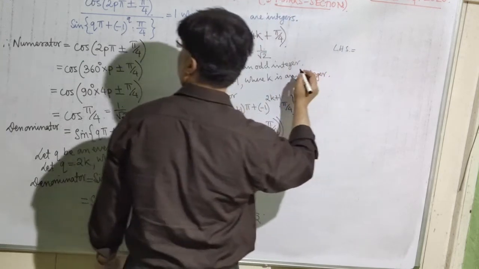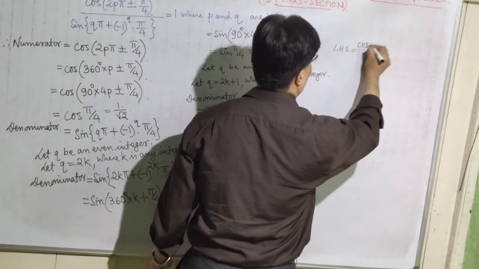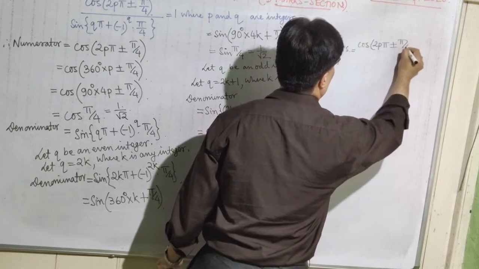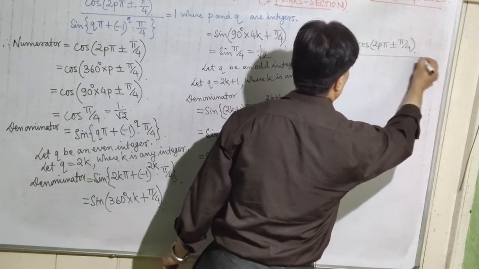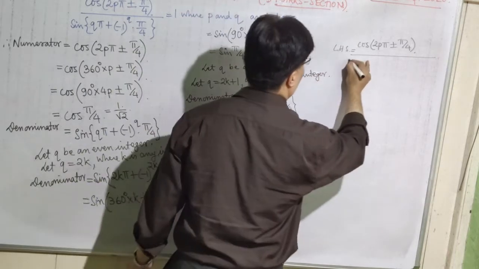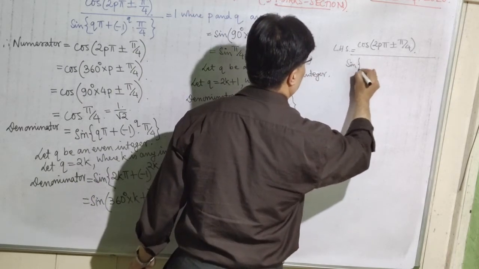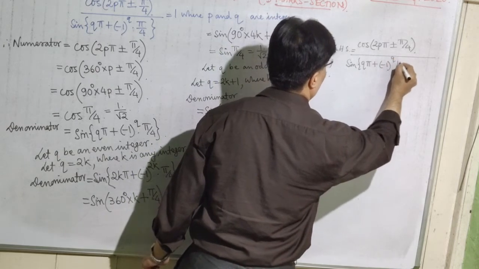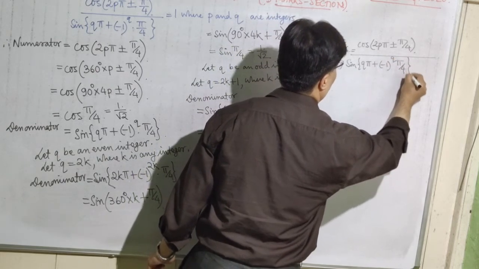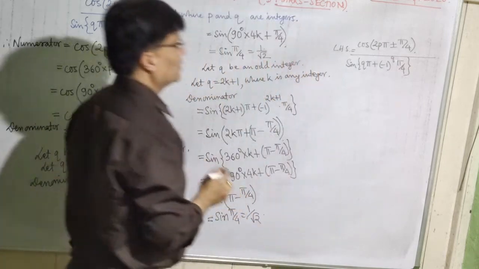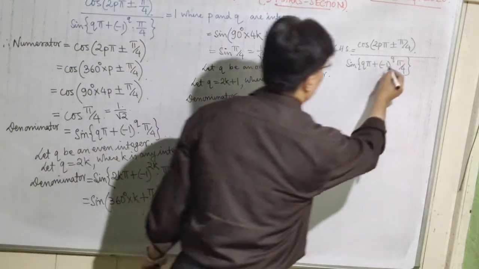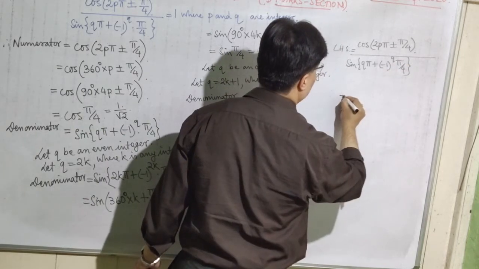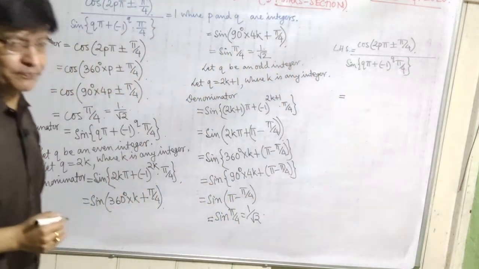What is the left hand side? It is cos of 2p pi plus minus pi by 4 divided by, in the denominator, we have sine of q pi plus minus 1 whole to the power q into pi by 4. Is that clear? So now we have just got the value of both the numerator as well as the denominator.